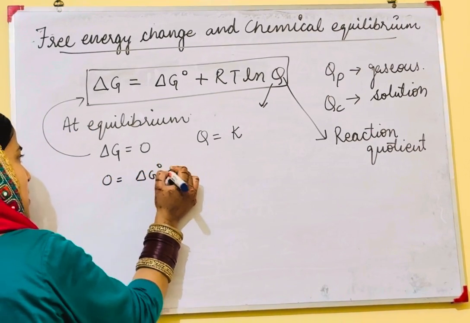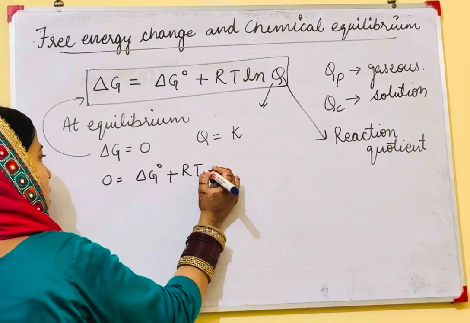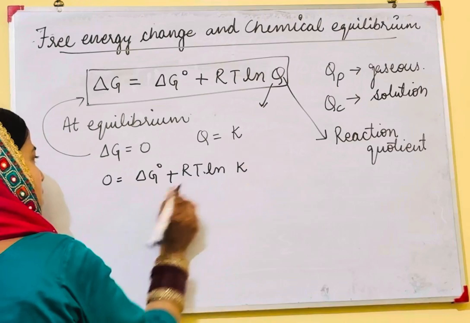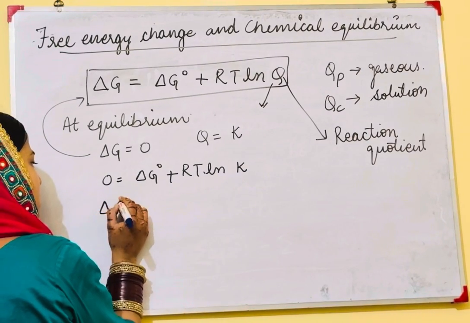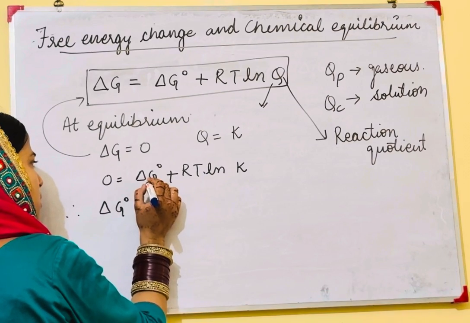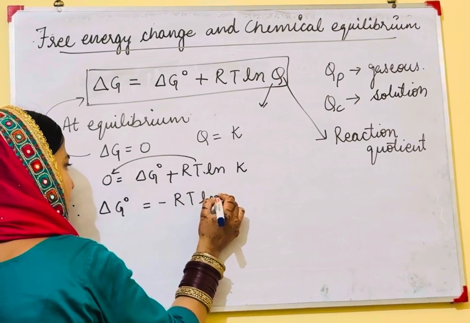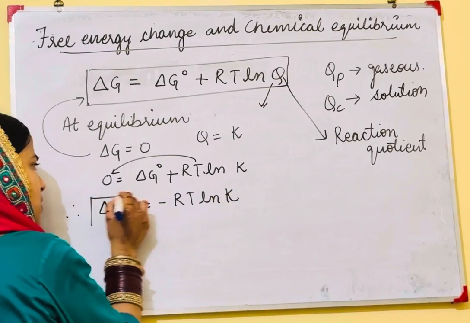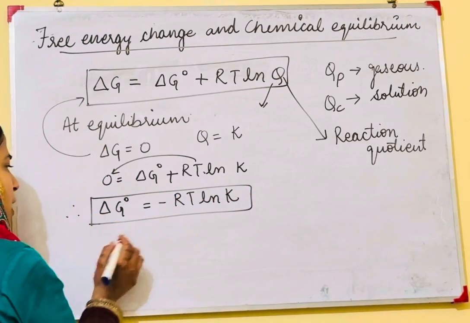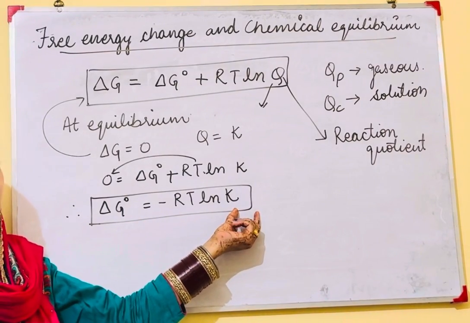Delta G naught equals plus RT ln K. We can rewrite it as delta G naught equals minus RT ln K. So this will be the relationship between standard free energy and chemical equilibrium.